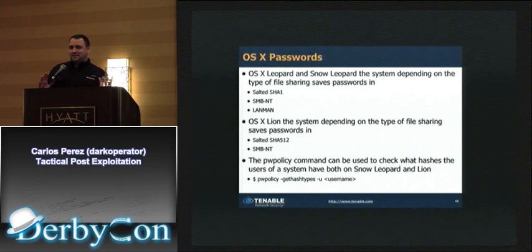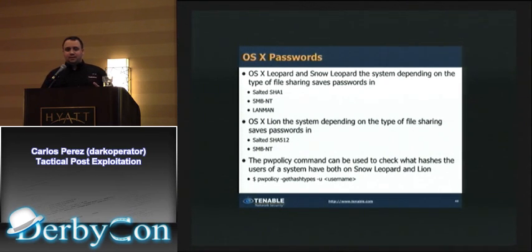But this is the coup de grace, what I really, really like in post-exploitation on Apple boxes. If I get access to Leopard or Snow Leopard, they save their shadow passwords by default as salted SHA-1. That tends to be kind of hard to break, but they're so nice to us that if we decide to enable SMB sharing, it will save an SMB NT and a LANMAN hash for that password.